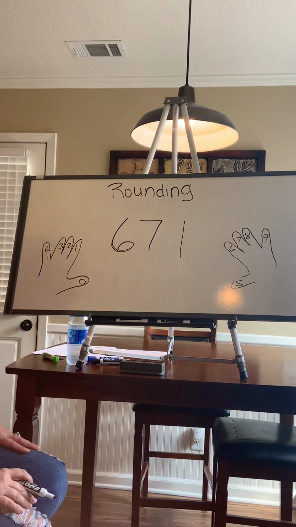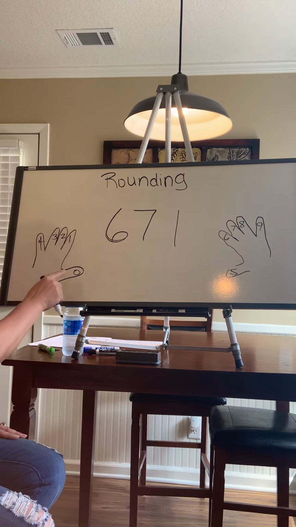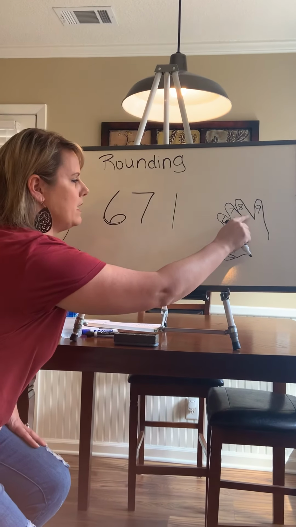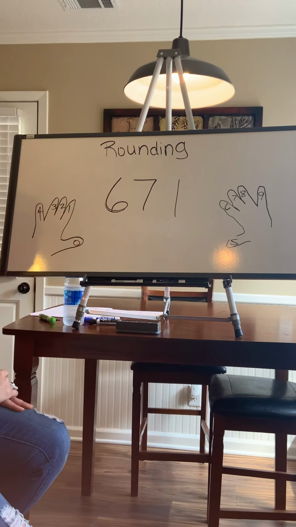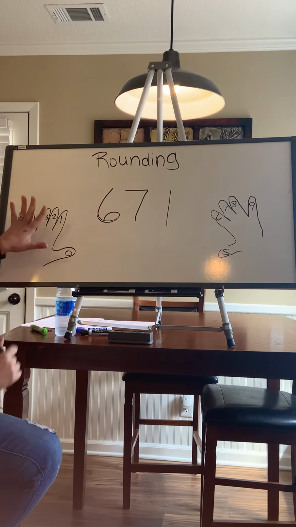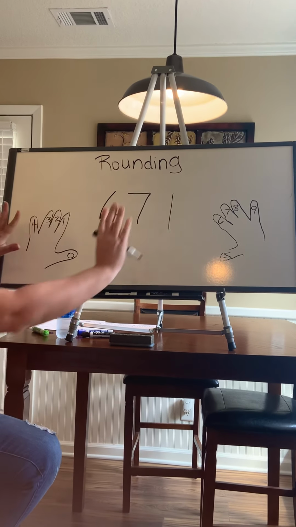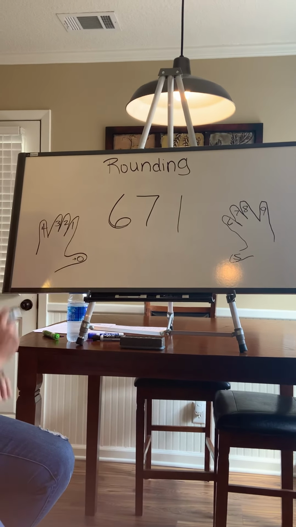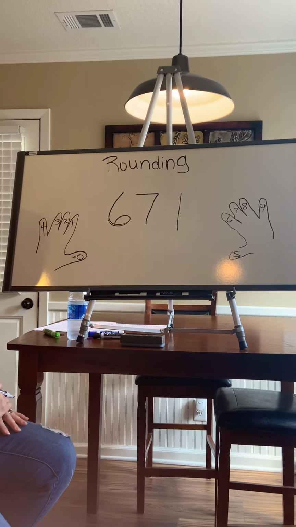Those are the digits that we use: 0, 1, 2, 3, 4, 5, 6, 7, 8, 9. And when we round, we need to remember that these are on this hand and these are on this hand. The 0 is a digit that must be counted.